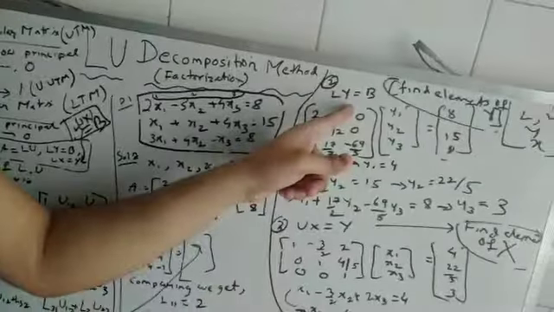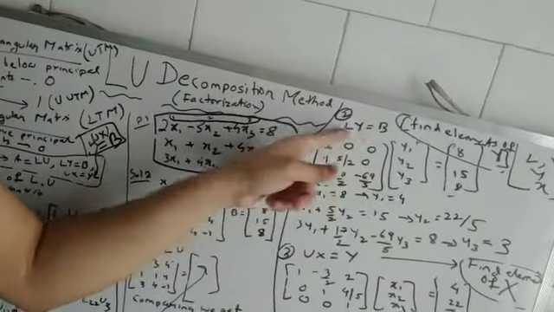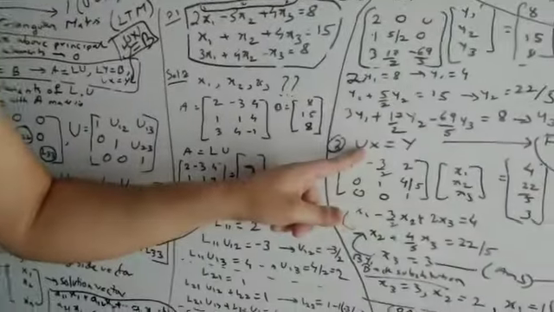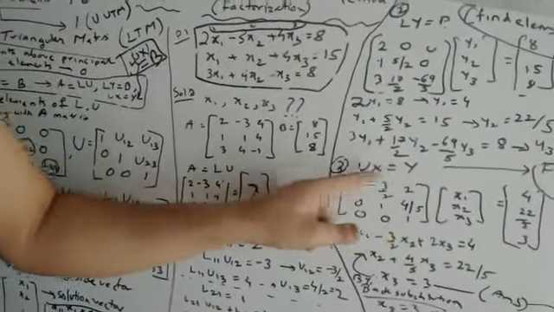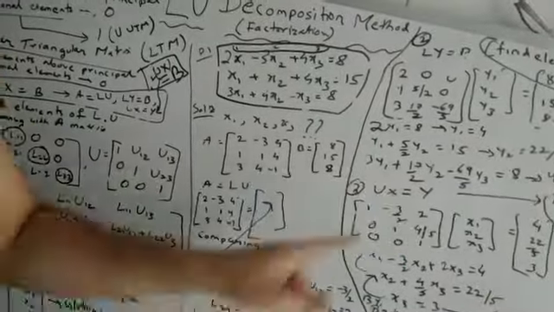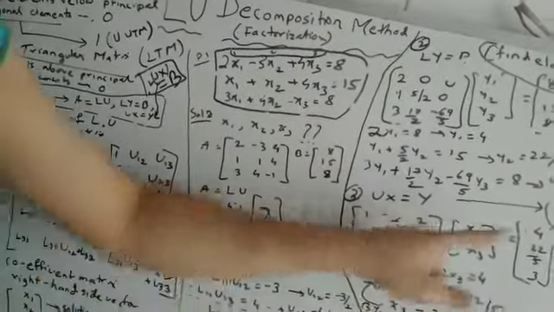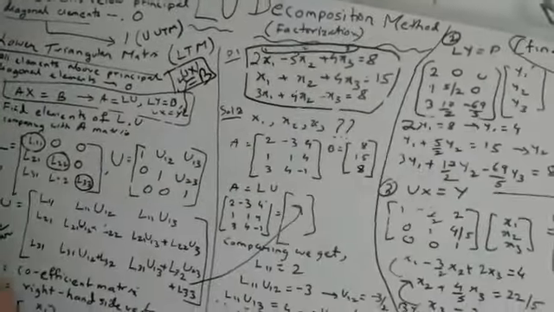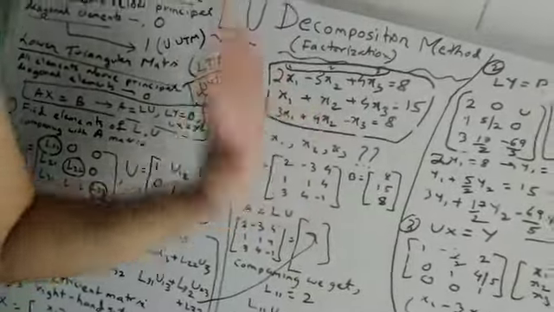Second step, apply this formula, LY is equal to B. And Ux is equal to Y; this equation will help us to find the elements of X. So this is your process of LU decomposition method. You can choose any problem and proceed in this way, you will reach the result.